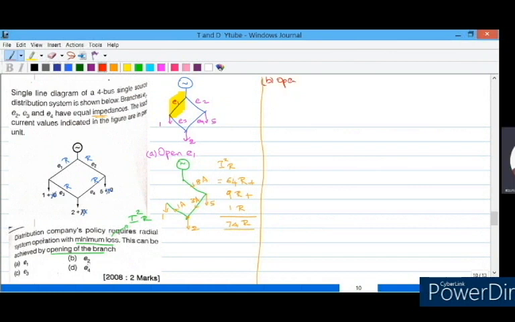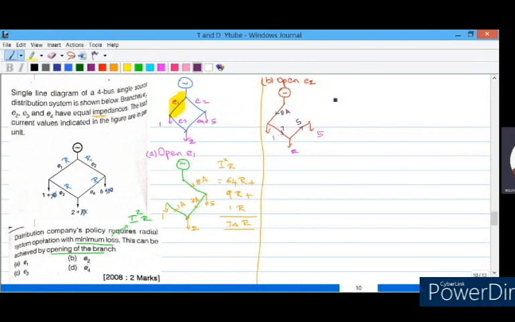So by opening the branch E2, again draw the circuit. Mark the load everywhere. The load current is here 1, here 2, and here 5. Now how to find the branch current? As 5 comes here, definitely 5 flows here, and here we need to add 5 and 2, it is 7 amps, and here it is 8 amps.